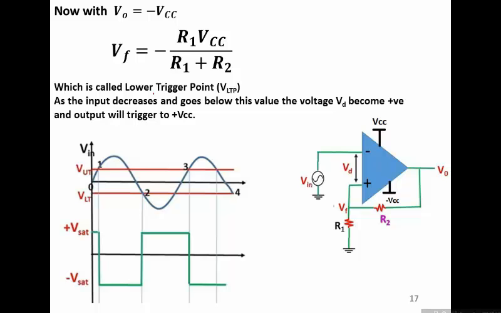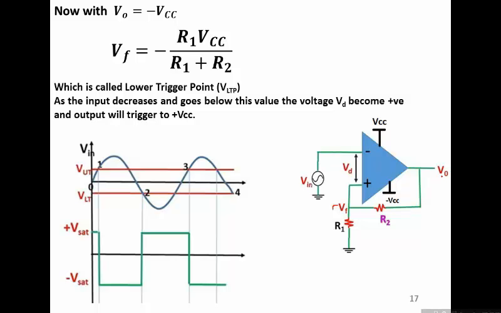It is called lower trigger point because when this voltage becomes negative, the output would go to the positive saturation level only when the voltage at this terminal becomes more negative than this level, so that this voltage becomes more positive than this.